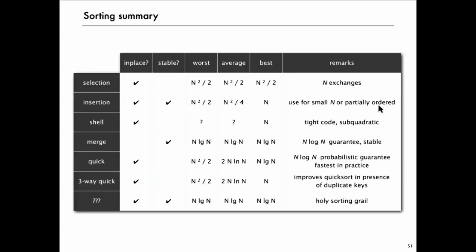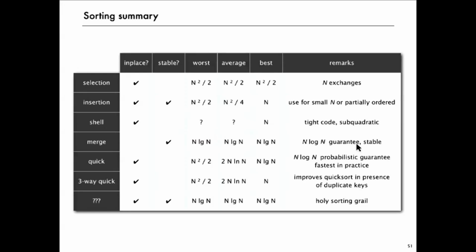And so forth. Insertion sort: best case linear, quadratic, in place and stable, and it'll work well if the file's small or partially ordered. Shell sort: we don't know its running time, it's not stable, but it's a fast method for intermediate size files and not much code.